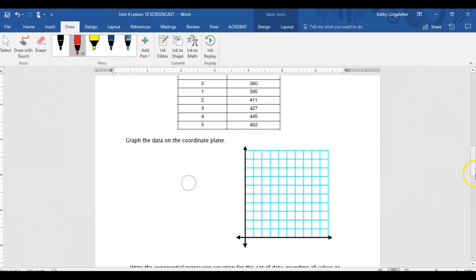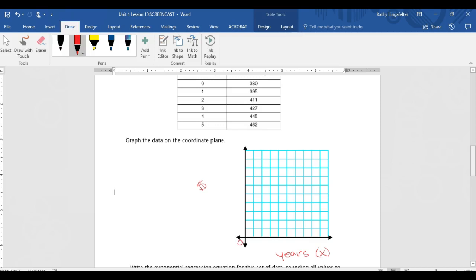Alright, so let's label this one years. This is our x-axis. And then the y-axis is the value or the money that's in her account. So for my x-axis, my minimum number is 0 and my maximum number is 5. So 0, 0 has to go in the corner, of course, where the origin belongs.